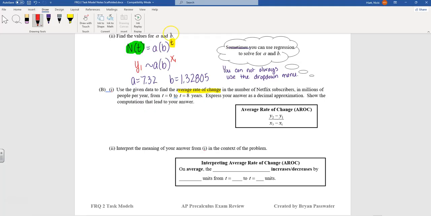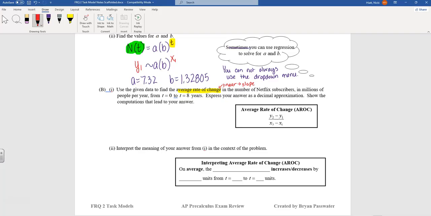That's linear. And we're looking for slope. Okay, you have to completely ignore in all of part B that this is an exponential equation. We are treating it like it's linear in part B whenever they say average rate of change. So we're just finding the average rate of change.